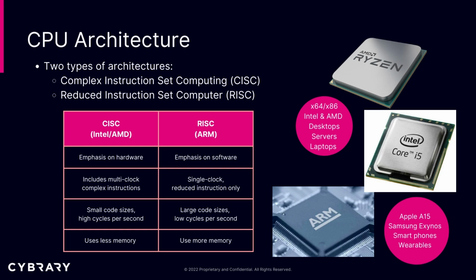The CISC architecture, the Intel and AMD, is best known for desktops, servers and laptops, whereas the ARM architecture using the RISC is used in the Apple A15 processor, the Samsung Exynos, smartphones, and wearable devices.